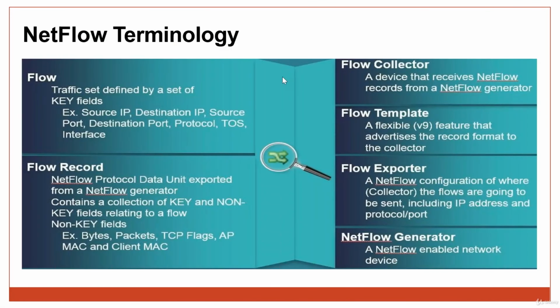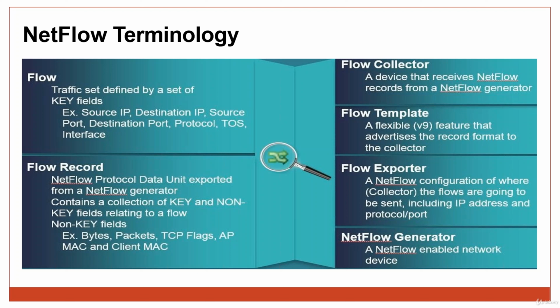In this session we are going to learn about the terminology, how we can collect all these pieces, and then configure NetFlow as well. So let's start. First of all, flow. We know that we are going to analyze the traffic flow. Whenever I have a flow, obviously that particular traffic flow has various types of key and non-key fields.